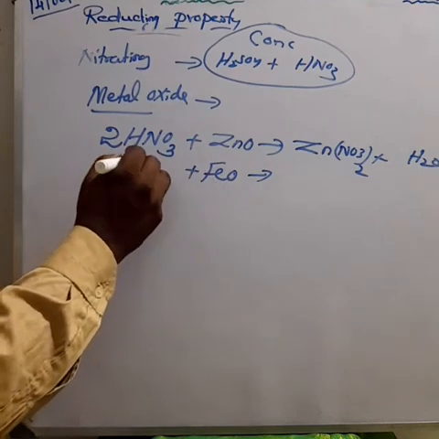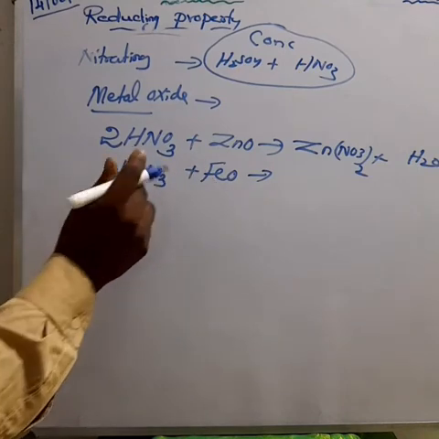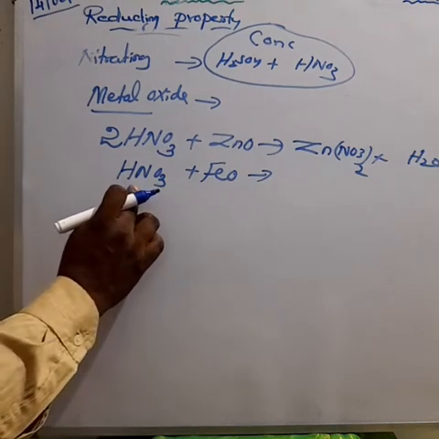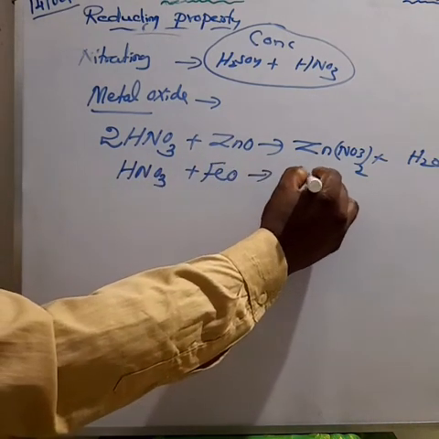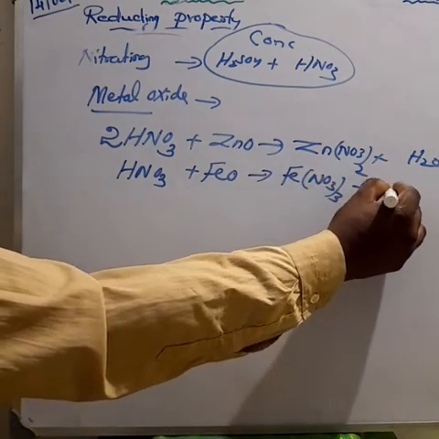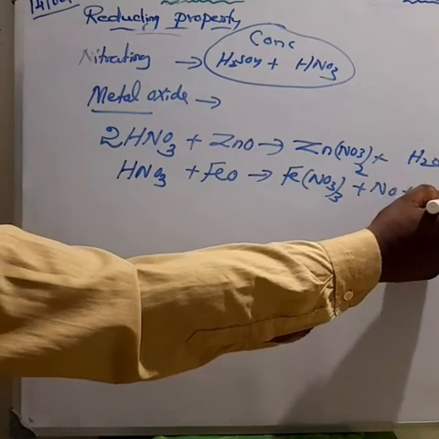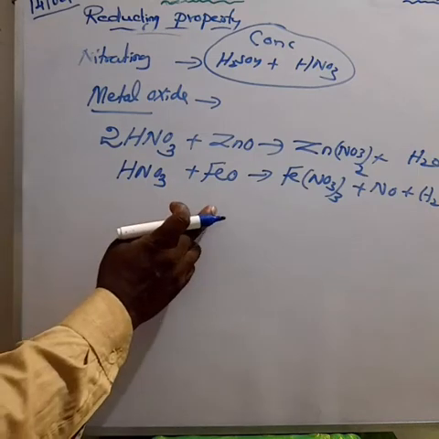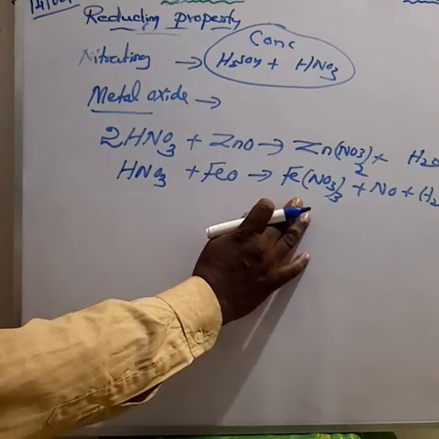Iron oxide combines with nitric acid. What is the formula of iron oxide? FeO. Nitric acid HNO3 gives iron nitrate Fe(NO3)3 plus NO, nitric oxide, plus water molecules H2O. So how can you balance the equation?